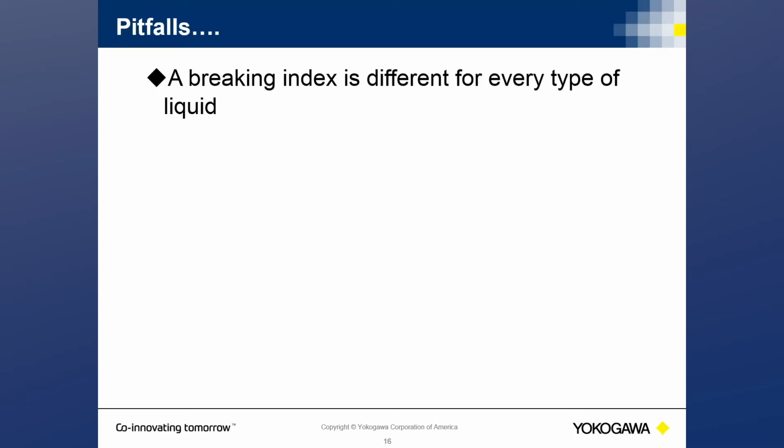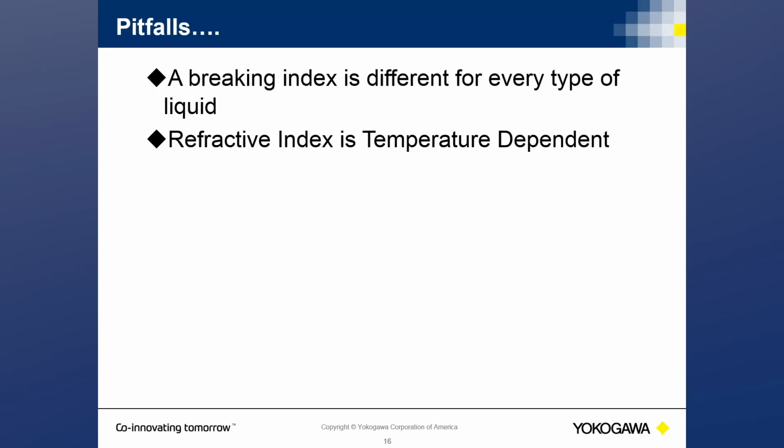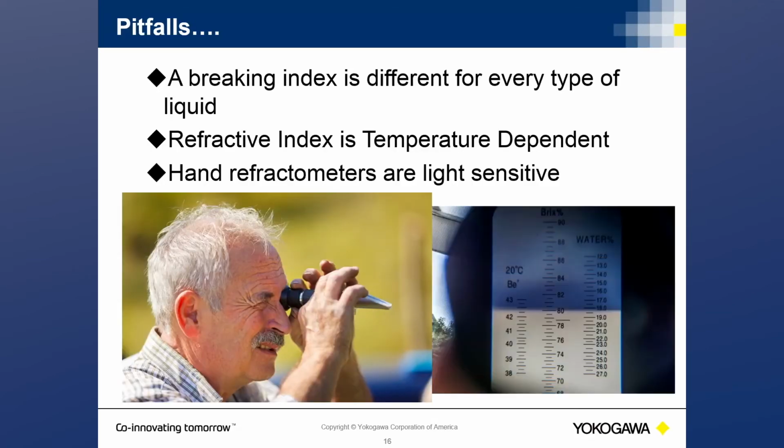Another pitfall with refractometers is that they are very light sensitive and very vulnerable to human error due to the interpretation of readings. The measurement, therefore, is also dependent on the quality of the focusing of that refractometer, which does require some skill.